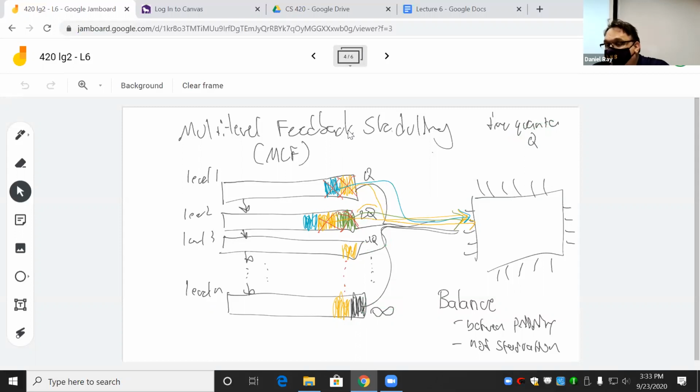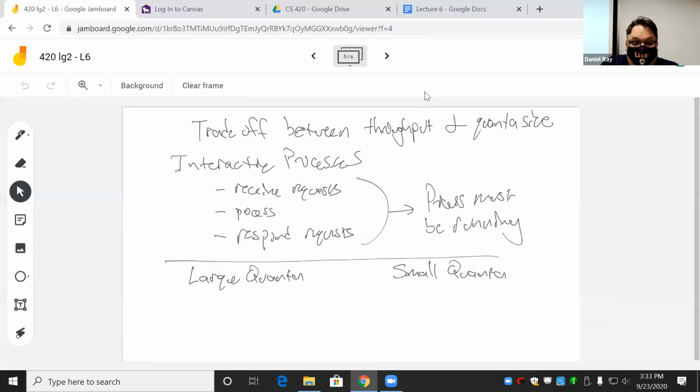Okay? So should we have generally larger quanta or generally smaller quanta? Which is more effective? Okay, so we'll go with small quanta first. All right, so let's do small quanta. Now, why?